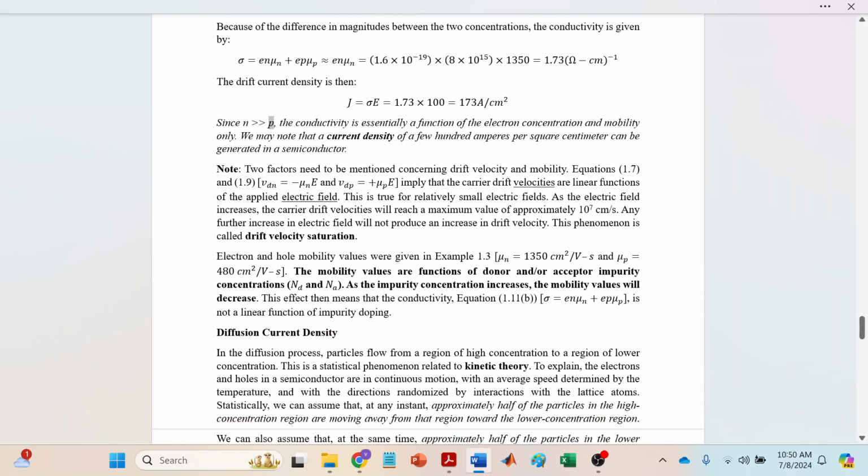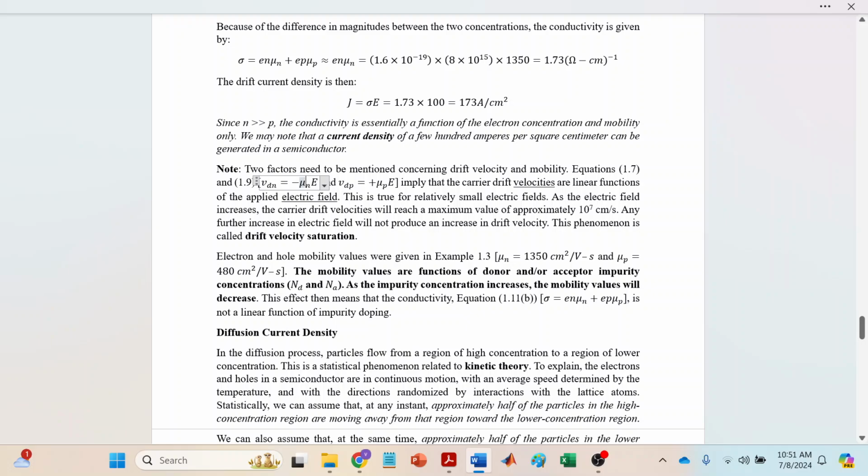You need to mention two factors that contribute to drift velocity and mobility. This is the equation for the drift velocity for the n-type case and for the p-type case. This equation implies that these drift velocities are linear functions of the applied electric field.